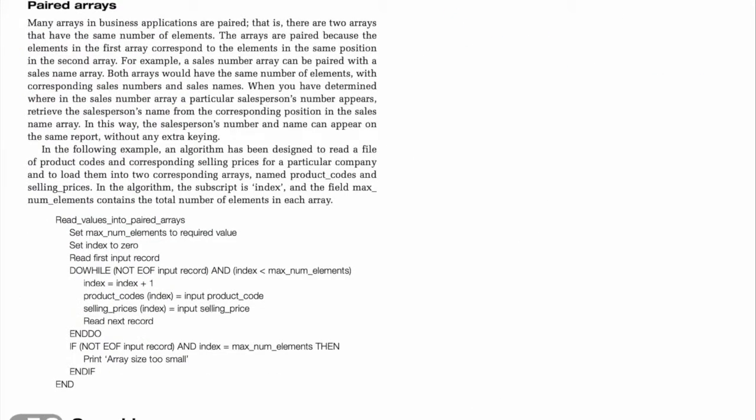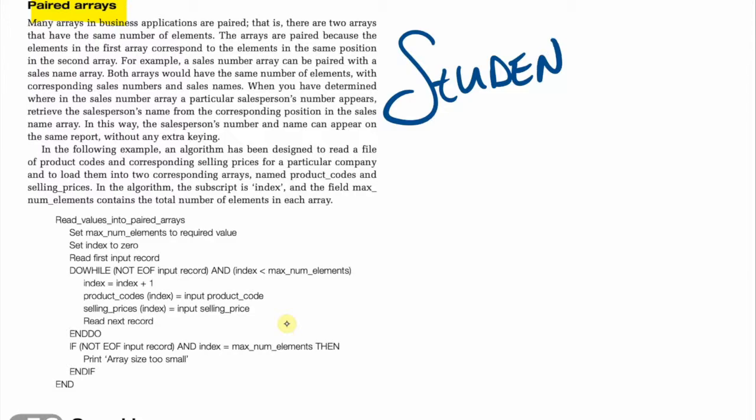Our final consideration here in 7.2 is paired arrays, and this is on page 94. The way to best consider a paired array is to think about the various data elements that make up any particular record in a file, right? So if I'm going to have students in a file, you're all going to have FN for first name.